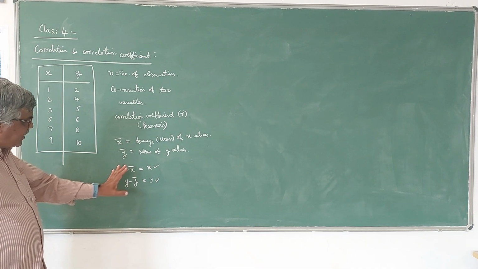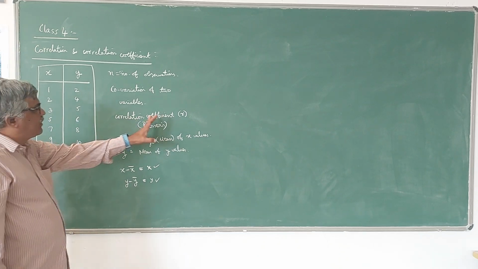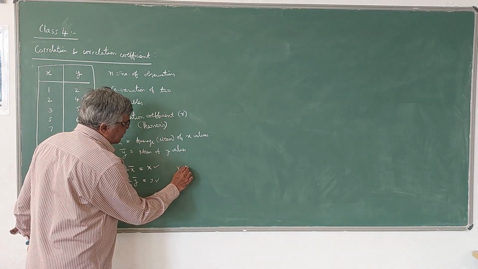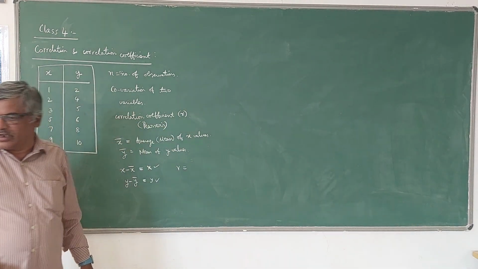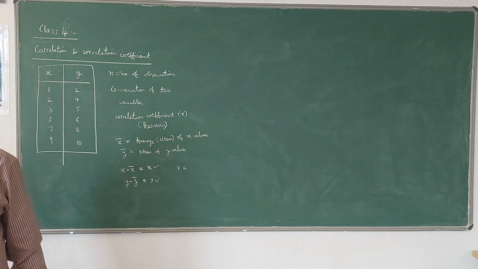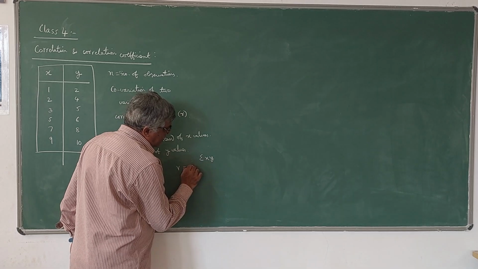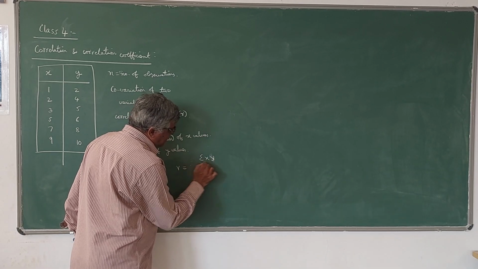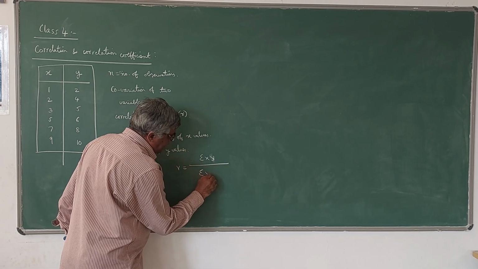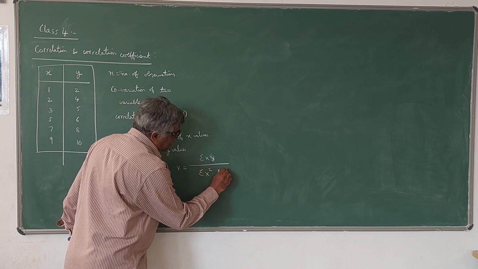So after finding this, we can calculate this correlation coefficient using the formula: sigma capital X into capital Y divided by the square root of sigma capital X square into sigma capital Y square.